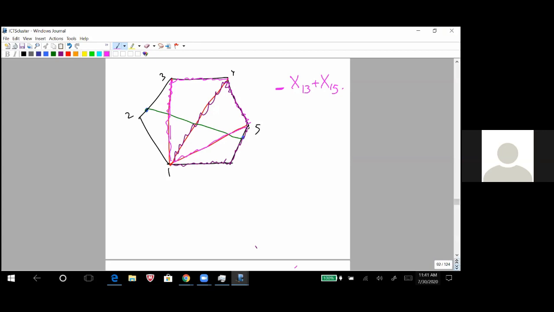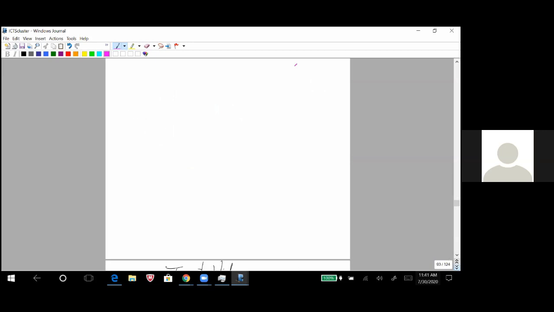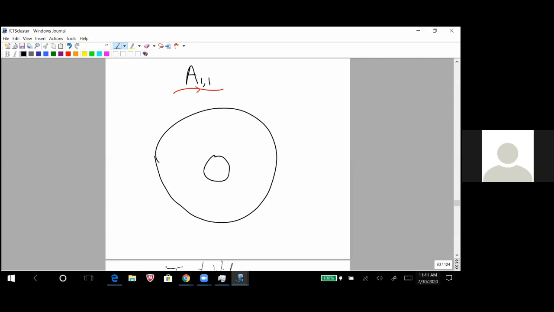Okay. So let's now actually do another example, because we're going to talk about this example more in a moment. Let's look at what we can call A1, comma 1. So this is a surface with just one point on the boundary.